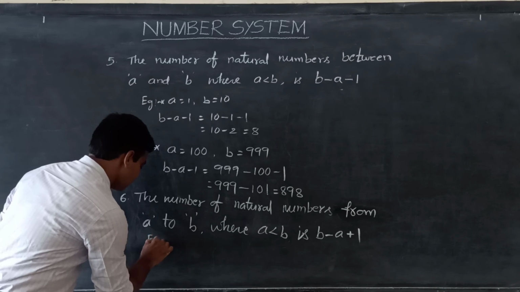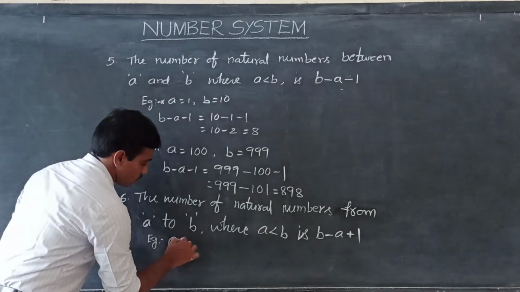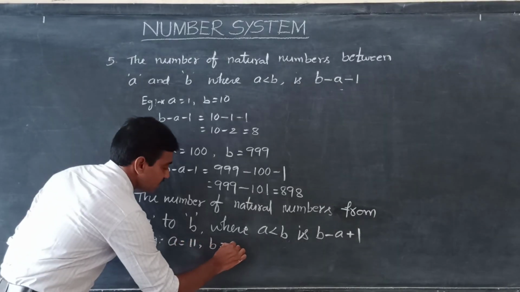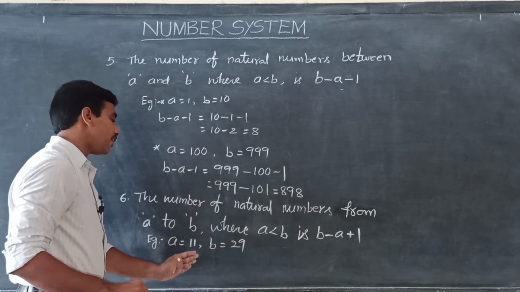See the examples here. Suppose I take A equal to 11, B equal to 29. How many natural numbers from 11 to 29?